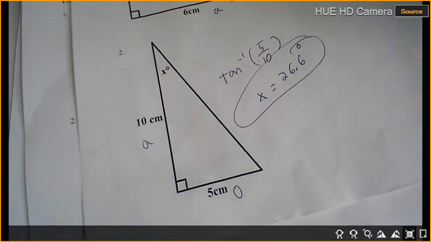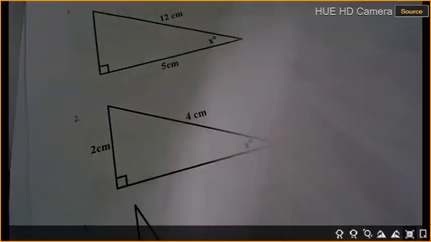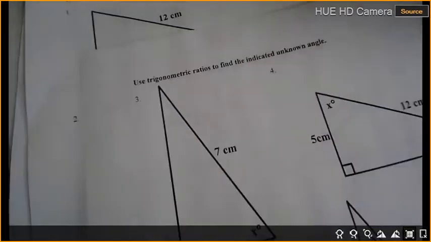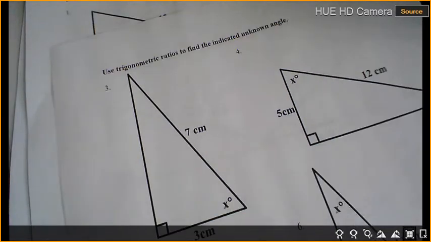How are we doing? Okay. So, you know how I showed you how to do it with an iPhone to find your trig functions? If we want to do inverse on these, let's set up number 3.